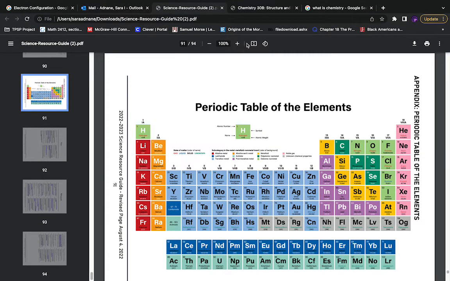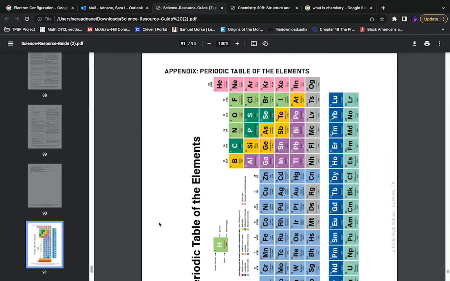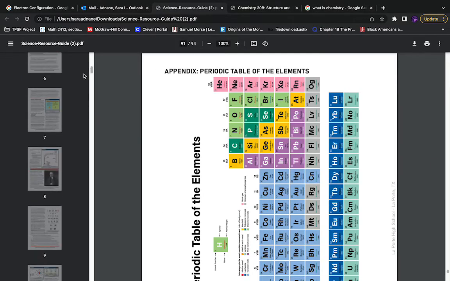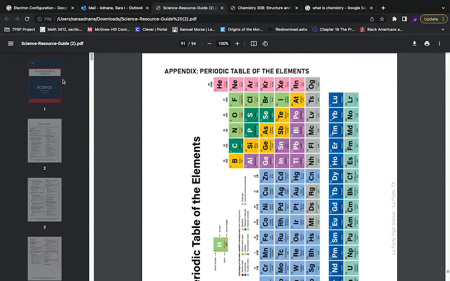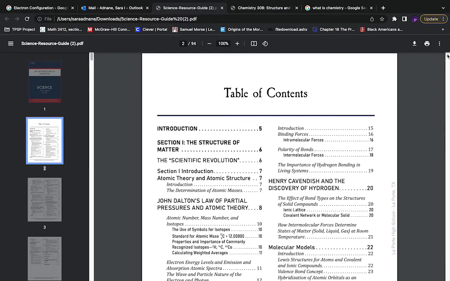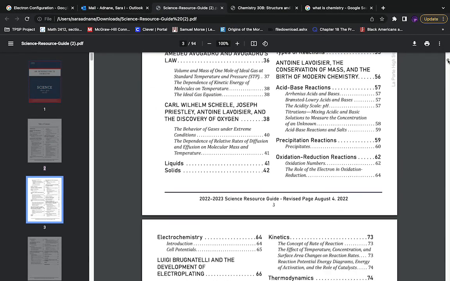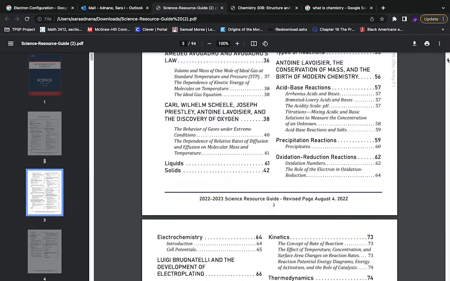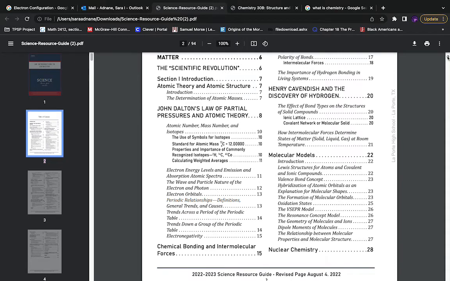So, on section number, where is it? I cannot find it.